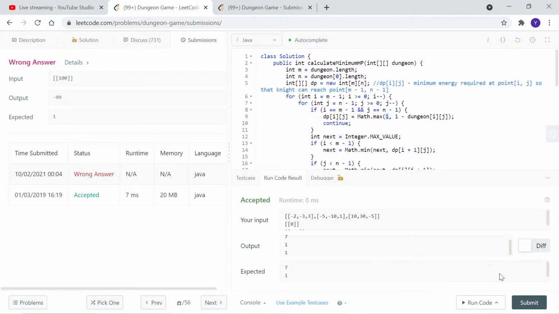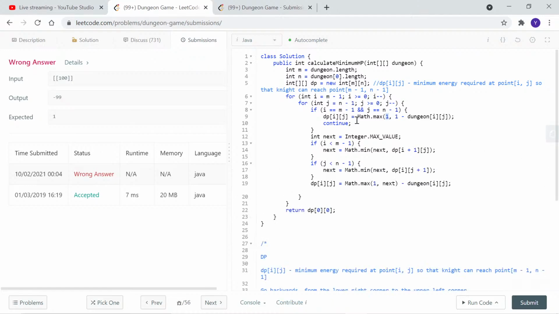Yeah, so we missed this condition in the case where i is m minus 1 and j is n minus 1. So it cannot be a negative value.